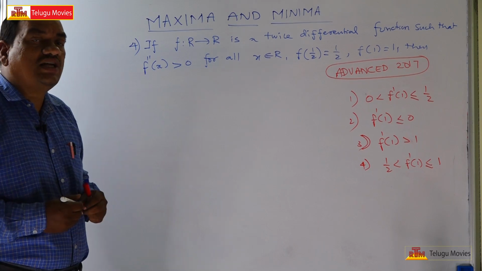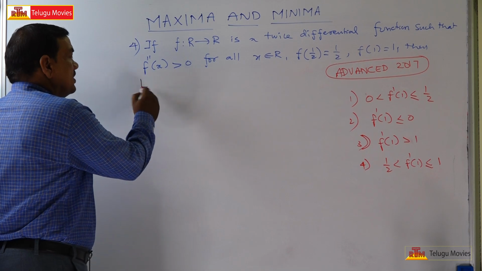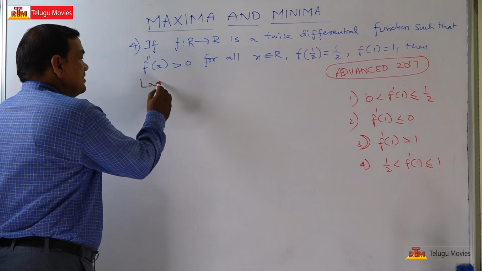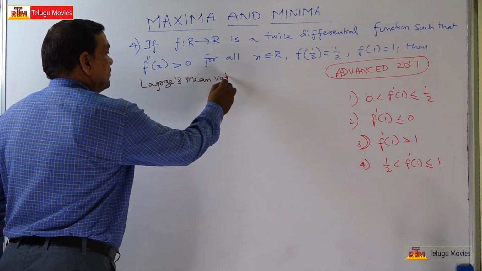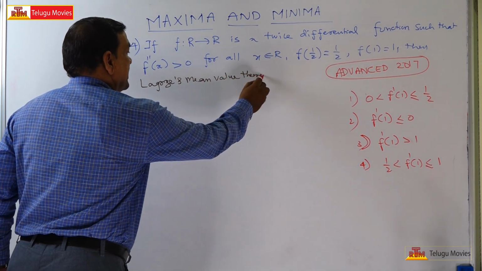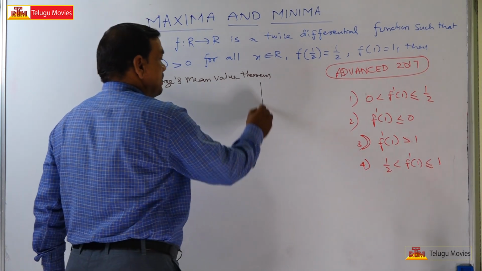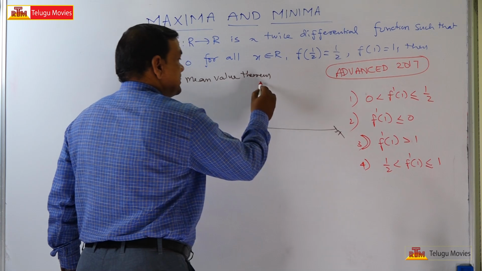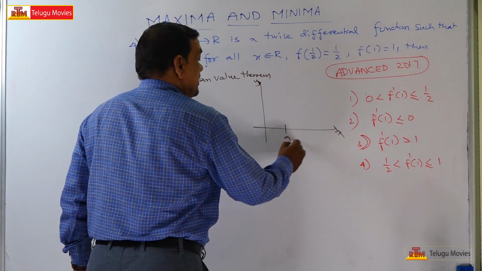To do this type of problem, we use one good theorem, that is Lagranges mean value theorem. What is this Lagranges mean value theorem? Briefly I will explain. This is the x axis and y axis. There is an interval a and b.